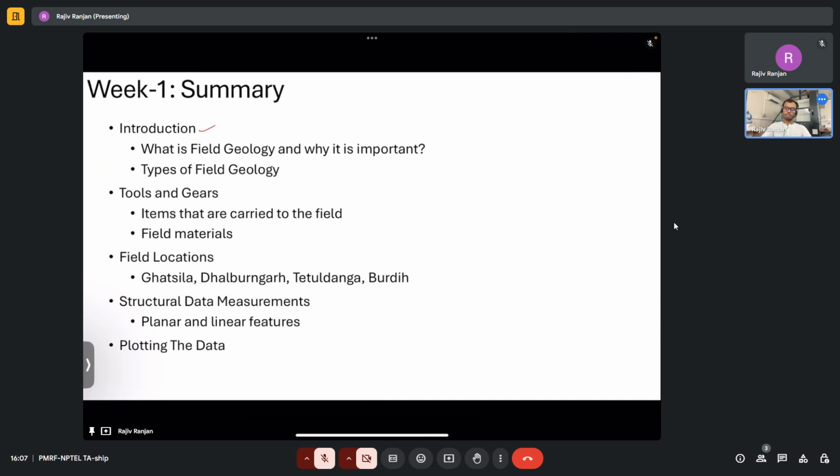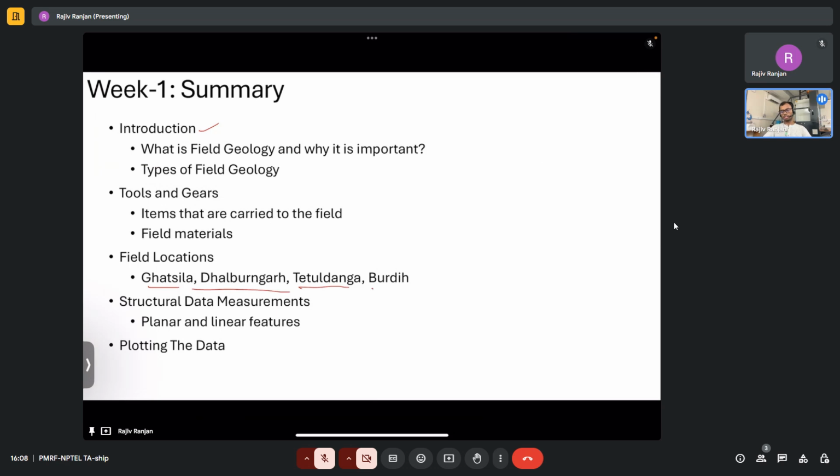Then we learned about the tools that we take to the field, all the various materials that are important in the field, like hammers, measuring tapes, etc. In the next lectures, we studied the field locations, which you visited virtually, such as Ghatshila, Dalungar, Tepuldanga, and Bodi.